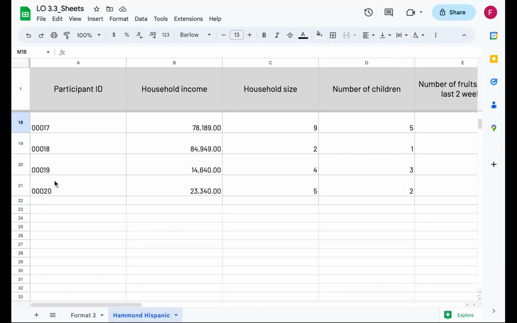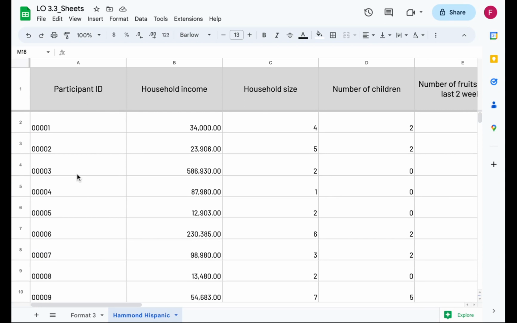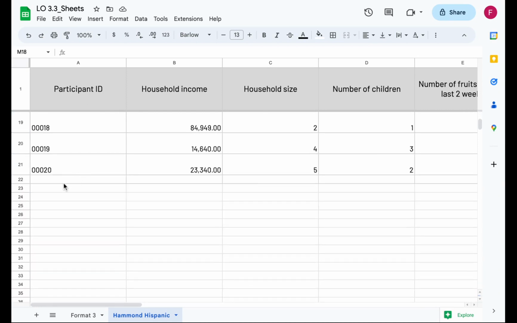So that said, let's go back to the data sets and figure out what we are doing. Because this ID does not mean anything, it is a nominal number, summing it makes no sense. There's no information that is going to come out of summing it. Nothing goes in here. Now I can decide to sum the total household income for all the participants.